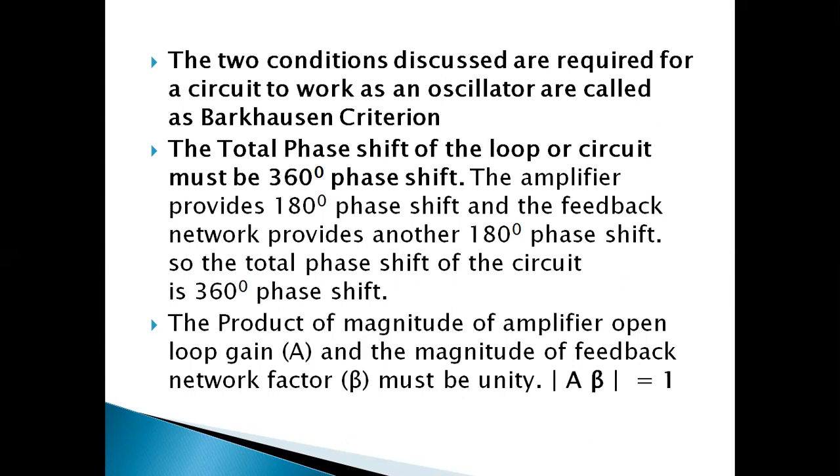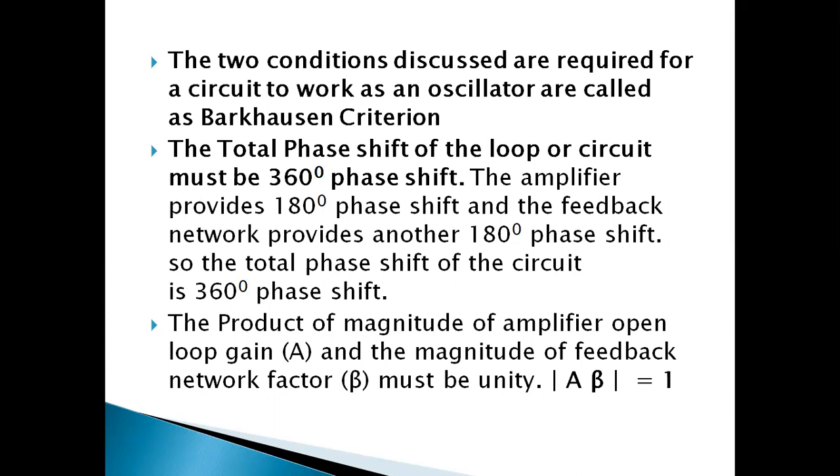The first condition is that the total phase shift of the closed loop must be equal to 360 degrees. That means from input to output, and again to the input, it provides a 360 degrees phase shift.